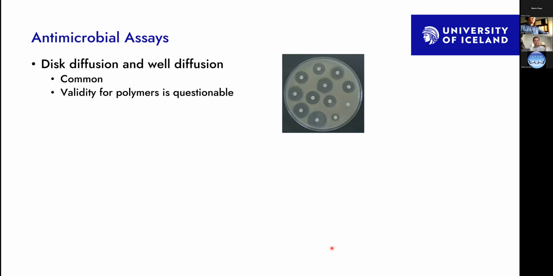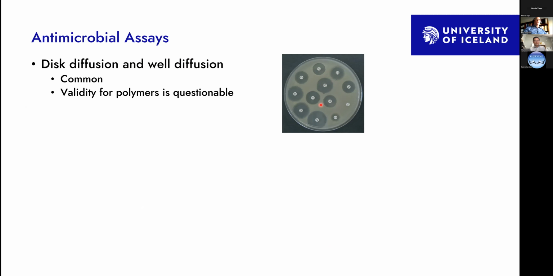I think we should also come to the question of antimicrobial assays and how this is done. What you see in many publications is that people use the so-called disk diffusion or well diffusion assay. Shown here, you place a disk, for example, with the material, and then you measure the activity by how large the killing zone is around the disk with the material, how much bacteria it is killing.